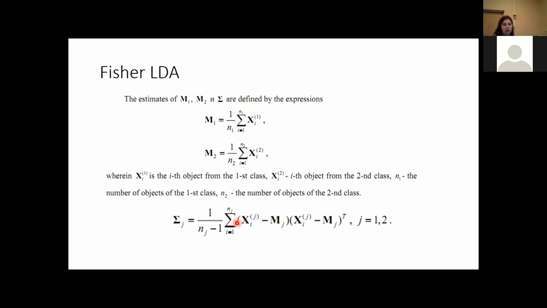How to find the properties for the weight vector? We estimate mean values using the usual approach, the sum divided by the number of elements in each class, and we also calculate the variance matrix.